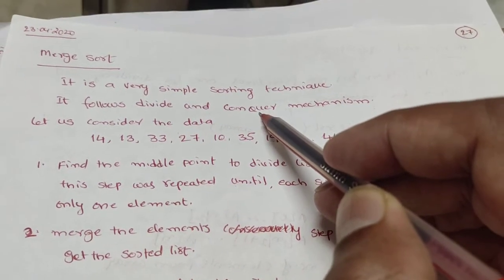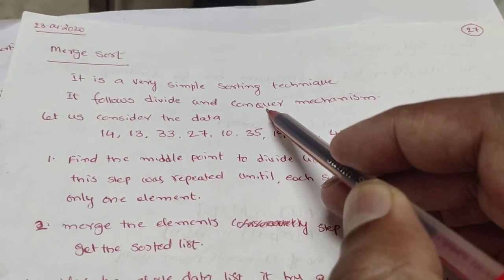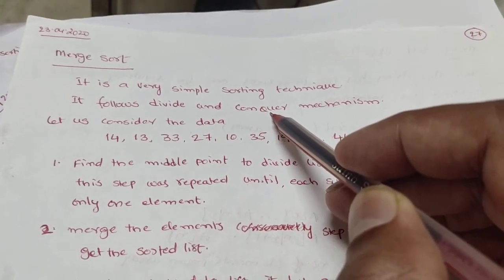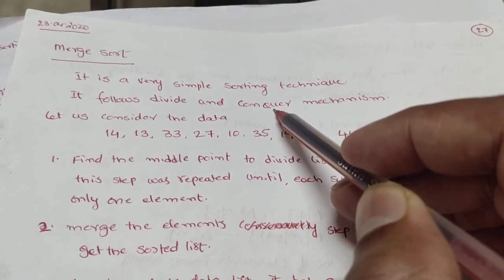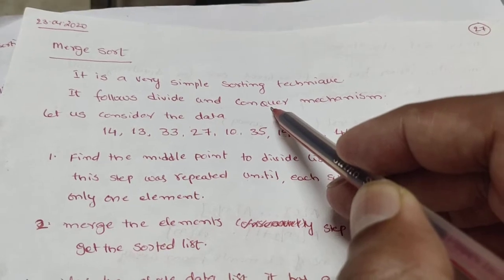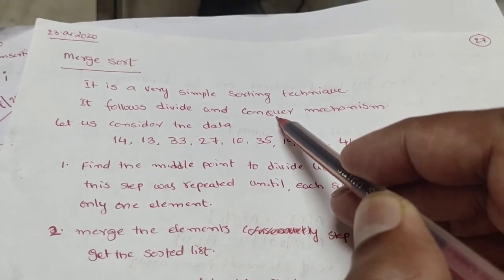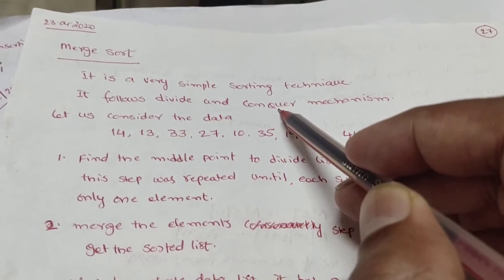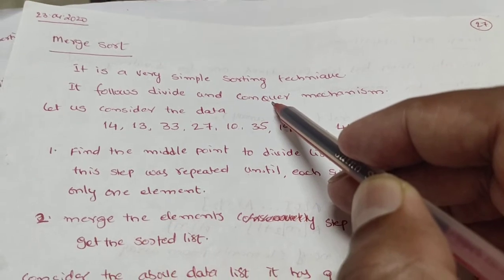So first, division means we subdivide a big problem into smaller chunks or parts. Conquer means we combine the solutions we get for the smaller problems. By combining all the solutions, we get the solution to the main problem or the big problem.